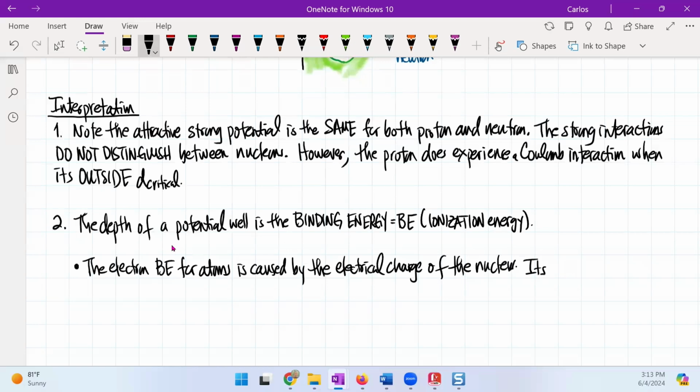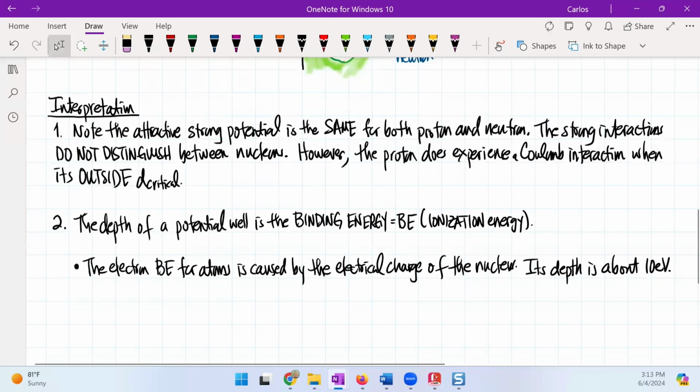Its depth is about 10 electron volts. Again, that number doesn't necessarily have to mean very much.